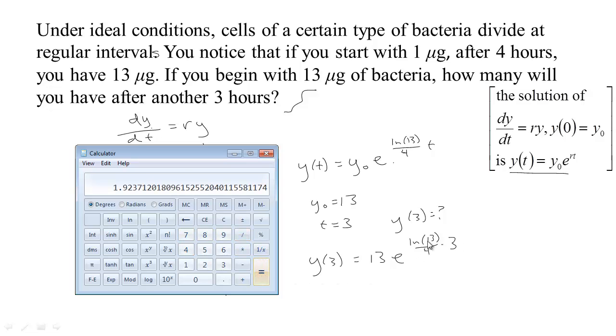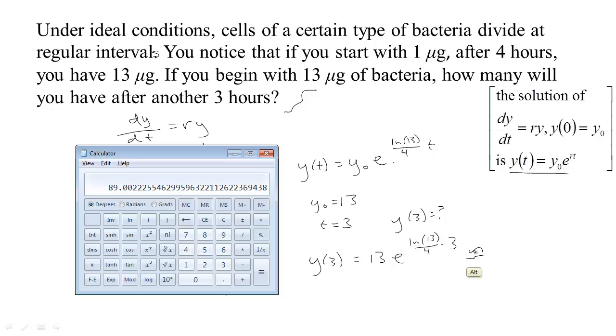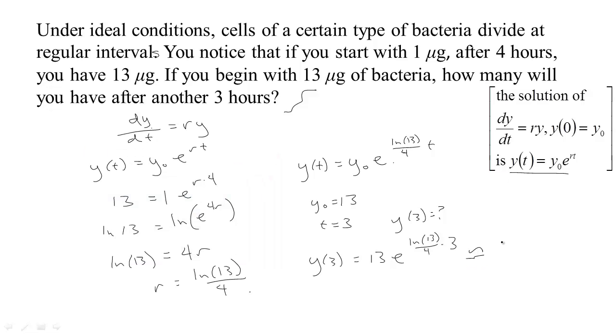Now I've calculated the number that should be up in the exponent, so I'll take e to that number, and I get 6.83. Now multiply by the initial amount, which is 13, and we have roughly 89 micrograms of the bacteria.